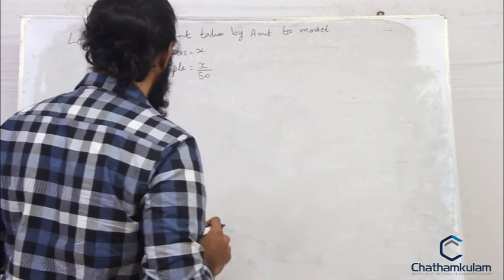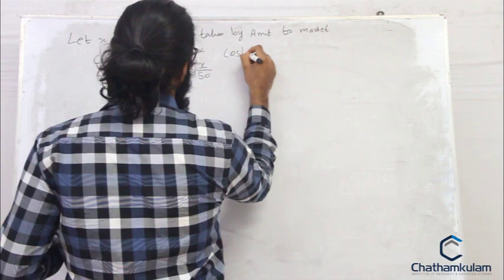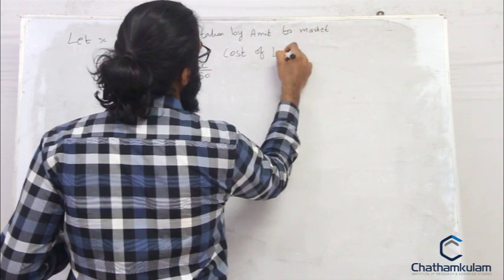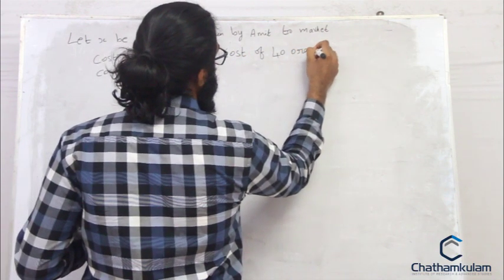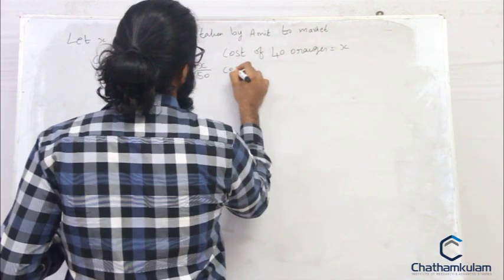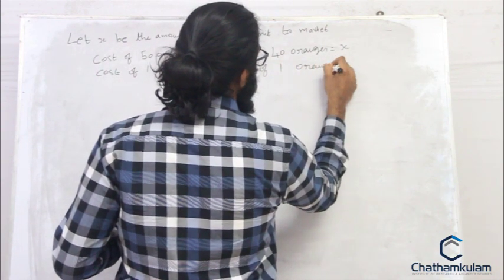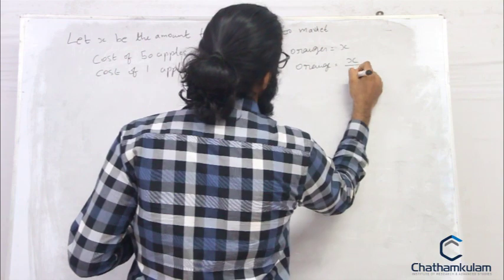And also it's given that cost of 40 oranges is also equal to X. Then cost of 1 orange will be equal to X by 40.